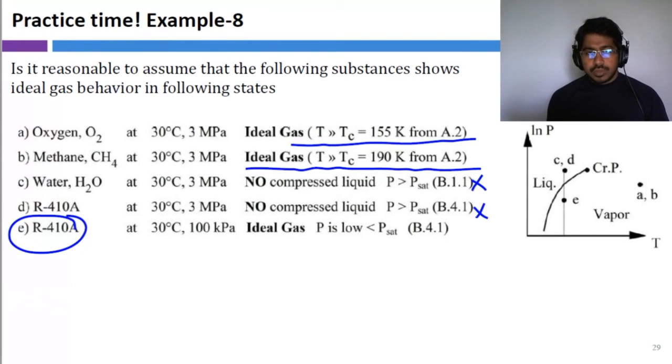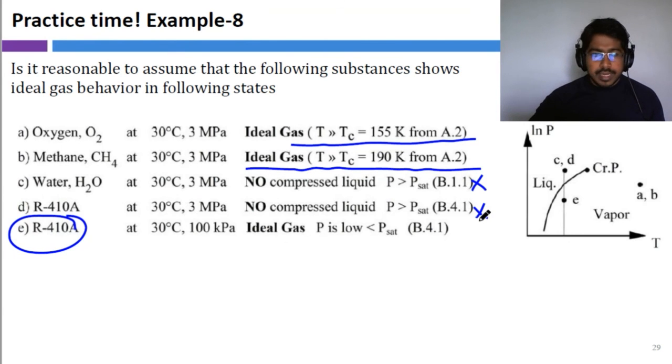So how to know which table to use, right? The first thing you'd have to see is if it is a gas. If it is a gas, then we check the critical temperature. So if you don't know what is A2, even personally I don't know what is A2.